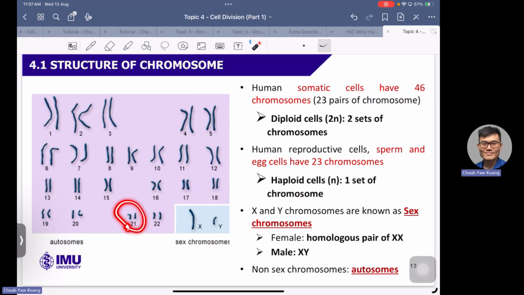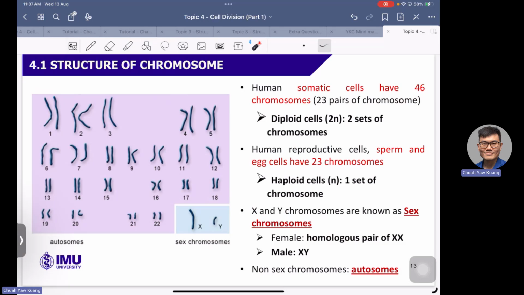So if in the ovum there are two 21s and the sperm is normal, when you combine, it will have three 21s. That is trisomy, that is Down syndrome. That's how the mutation occurs. So that's why in mitosis or meiosis our body has to ensure that it only has one set of chromosomes. It's important.